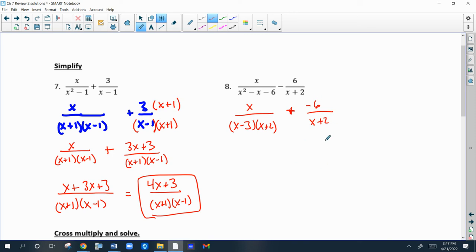Now, to get a common denominator here, we have two factors, an x plus 2 factor and an x minus 3 factor. The first one has them both, just like the last problem. So all we need to do to get that common denominator is the second one needs an x minus 3. So to get an x minus 3, you just multiply it to the bottom and also to the top.